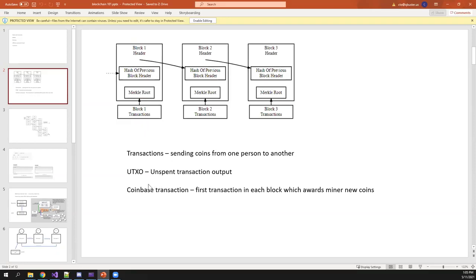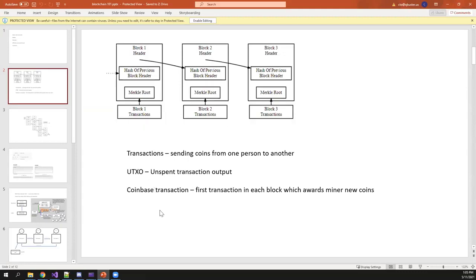The U is unspent, TX is transaction, and O is output. So it's an unspent transaction output. You'll hear UTXO a lot in blockchain. And that really represents what a coin is. It means that there's value stored that has not yet been spent. And so that's really what the coins are.